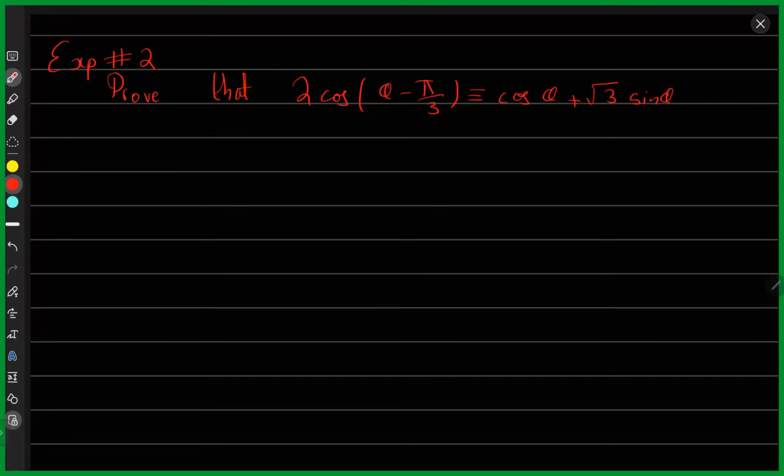This is the identity sign, and we need to prove that the left hand side is identical to the right hand side. Okay, so for this you can start off with any of the two sides and then make it look like the left one or the right one. This is the left hand side and this one is the right hand side. So let's talk about the solution.